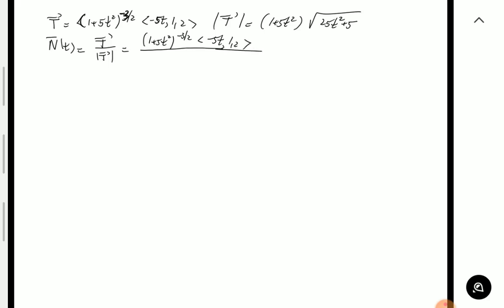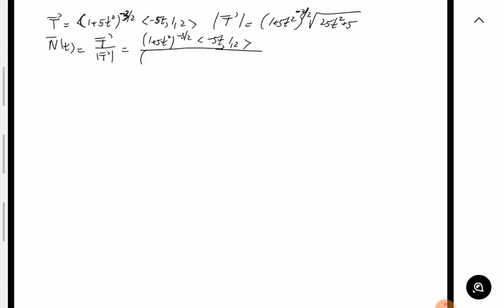And then on the bottom here, let's see if we can simplify this somehow. I think I'm going to have to check this. Let's see. T prime, yeah, I forgot the minus 3 over 2 here. Sorry.